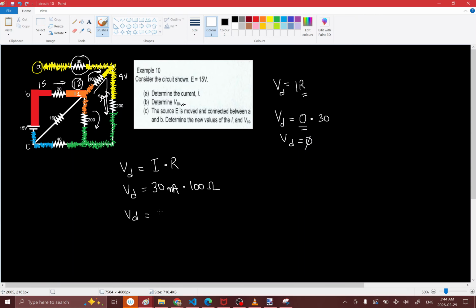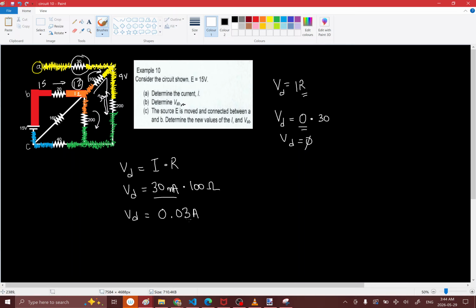Let's see. So let me just pull up my calculator here. So 30 divided by 1000 multiplied by 100. Oh, okay. So 30 milliamps is 0.03.